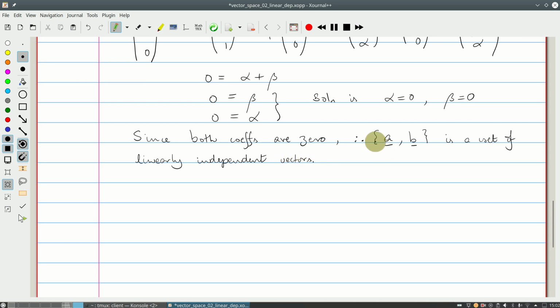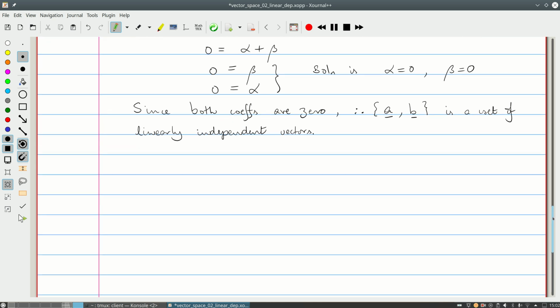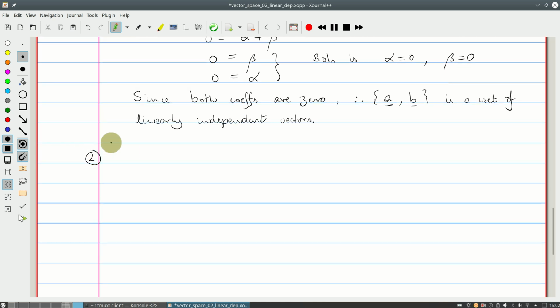All right, nice and easy. Let's have a look at another one. A is (1, 0), B is (5, 0), C is (0, 1).